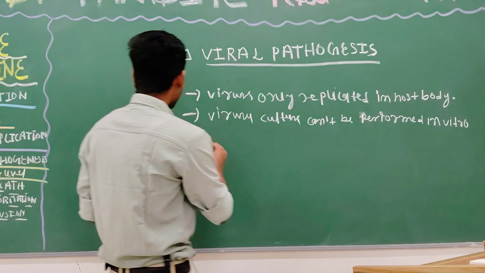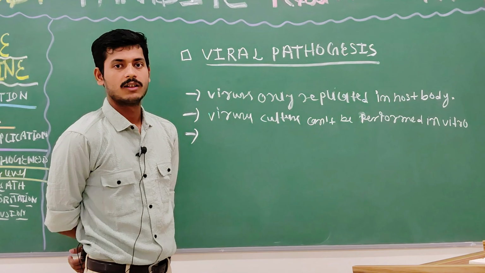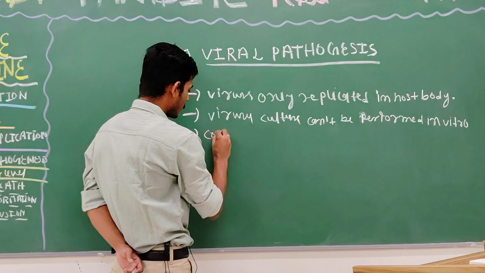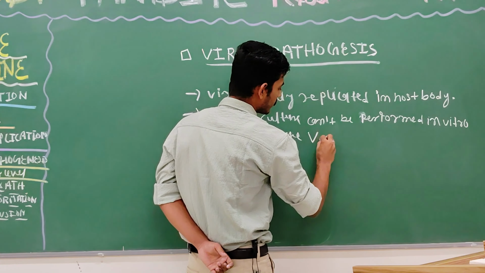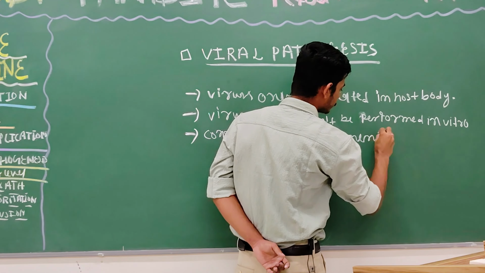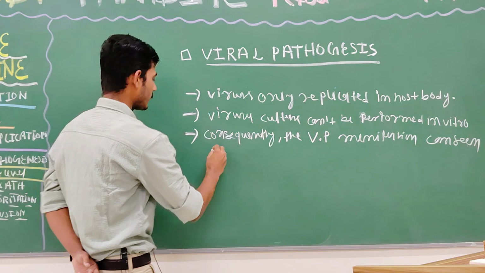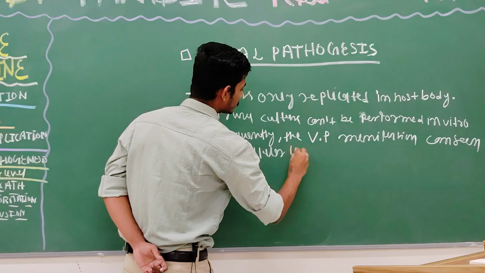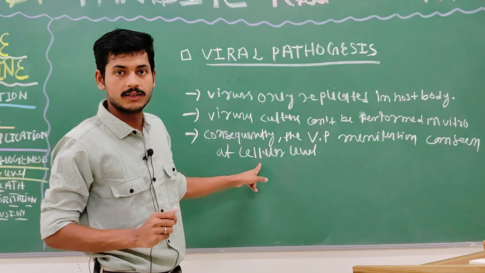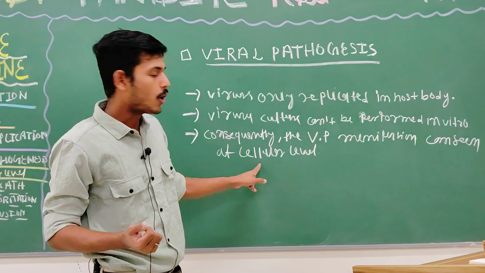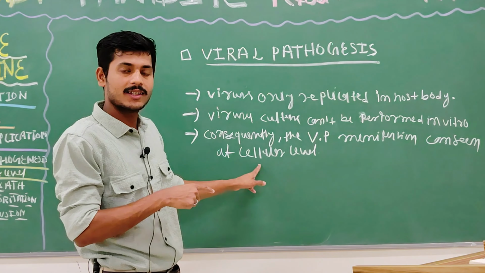Now, if we talk about viral pathogenesis, its manifestations lie mainly at the cellular level. At the cellular level, they can either inhibit the host genetic material, or cause cell lysis or cell death, or change the normal host cell into a malignant cell.